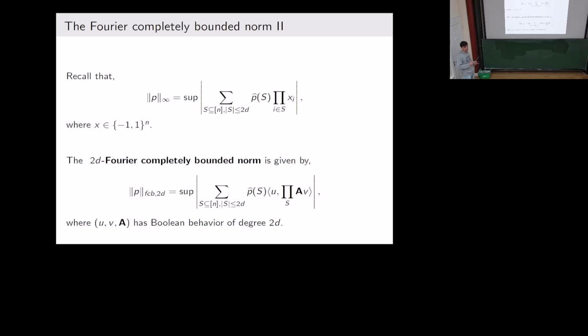Yes, it's a product of 2D things that correspond to S. All of them give the same product. I'm just saying it's not just, for example, if S is 1, 2, multiplying A1 and A3. Yeah, you can identify that. Well, this is notation.